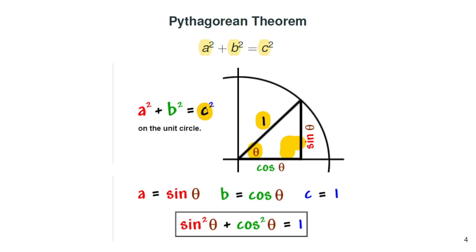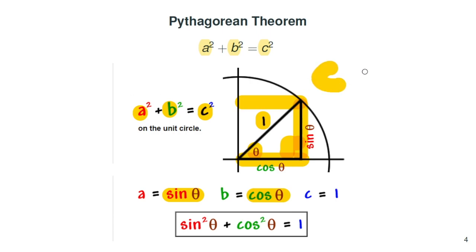So we can put 1 for C. And because the vertical length of the terminal ray is sine theta, instead of A we can put sine theta. And the horizontal distance right here is cosine theta, so we put cosine theta here. This is how we get sine squared theta plus cosine squared theta equals 1.